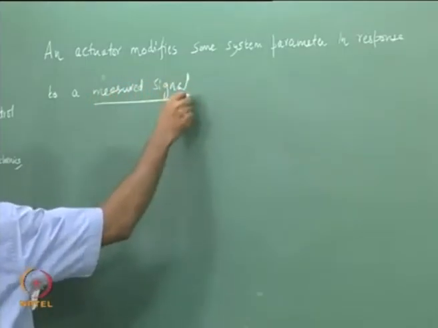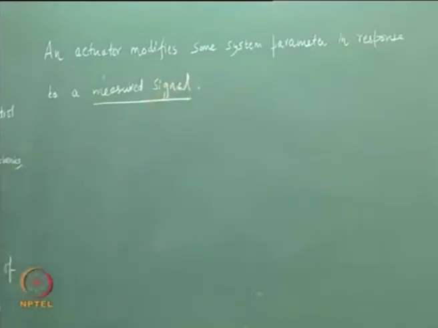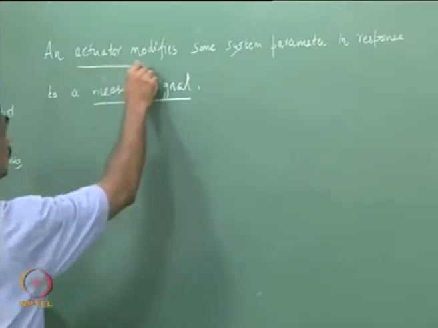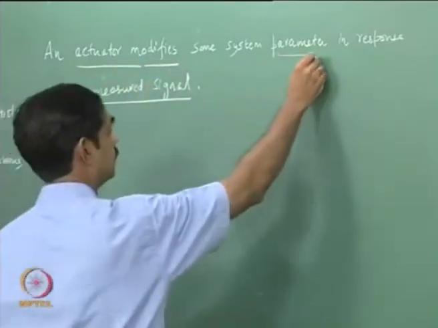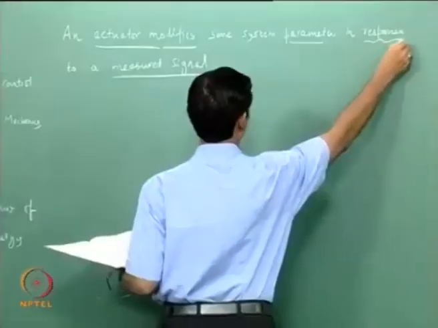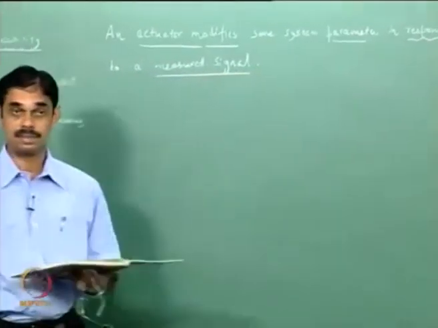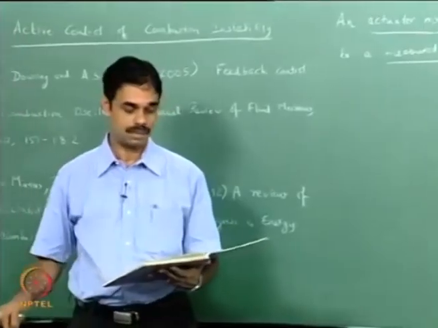So the key thing is the measured signal. We are live, measuring what is happening, and then we have an actuator, and the actuator tries to modify some system parameters in response to the measured signal. That is what you mean by active control.